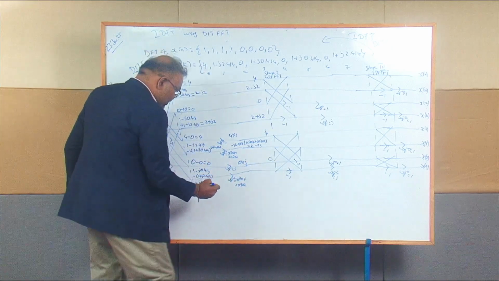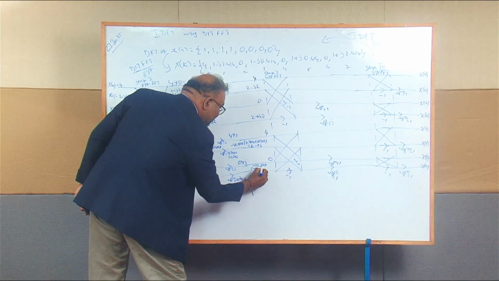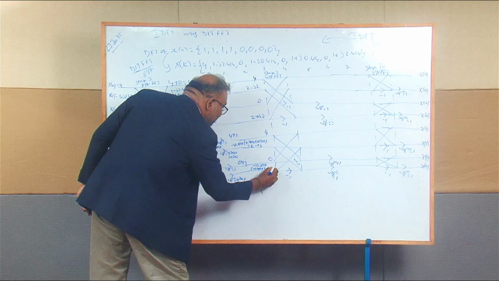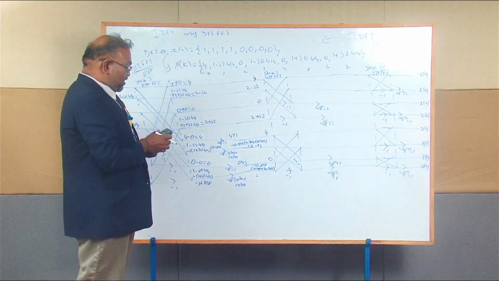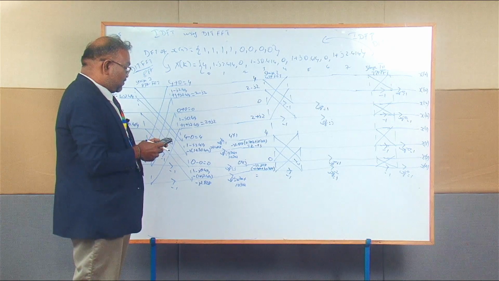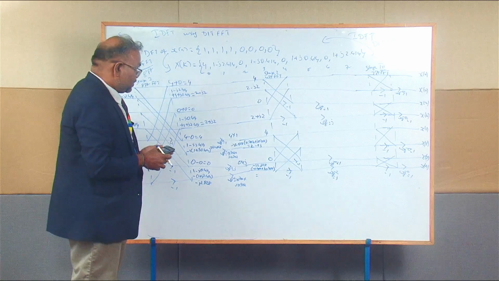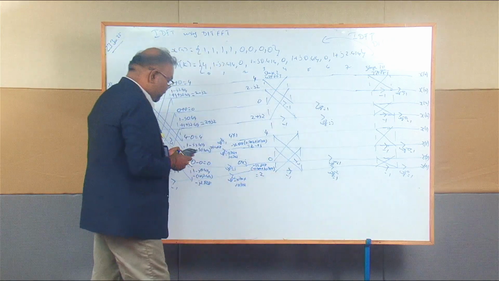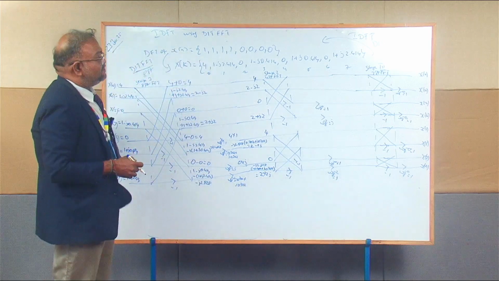Last one, again minus j2.828 into minus 0.707 plus j0.707. So, you put it in the calculator, and here we will have 2 plus 2j. So, this is the value here.